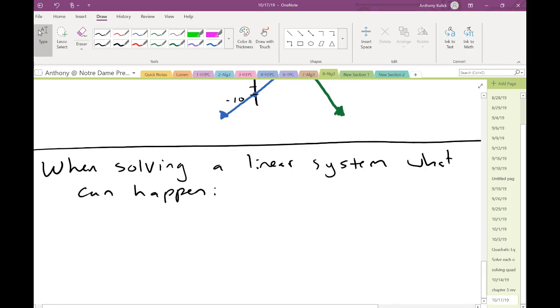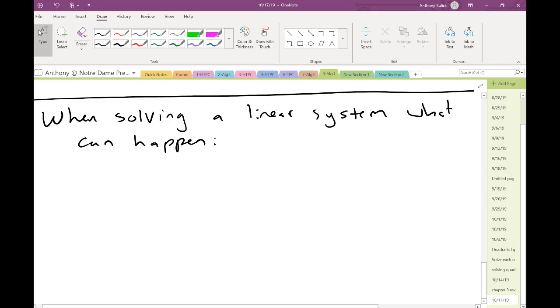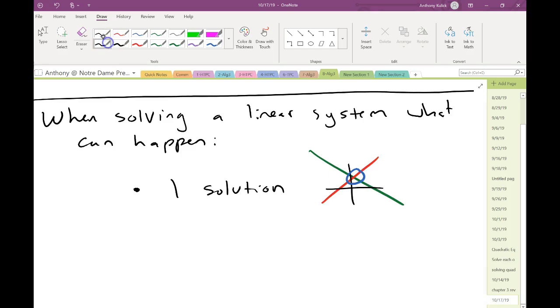So when we're solving a linear system, we get a couple of different results here. So the first one we saw in the previous example, where we get exactly one solution. Right? What else can happen?